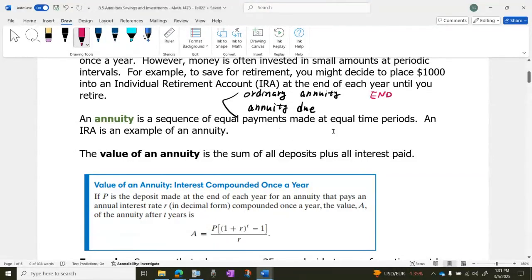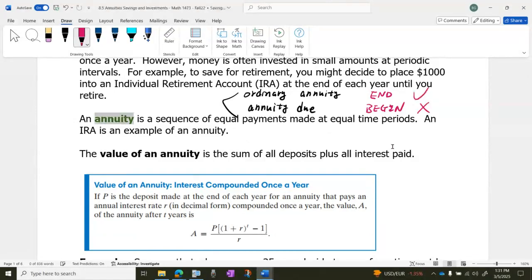In an annuity due account, the investor deposits the same amount of money at the beginning of each equal time period. For example, put in $100 the first day of each month, or put in $2,000 January 1st, right? The beginning of each year. So the keyword for annuity due is begin, B-E-G-I-N. We do not talk about annuity due.